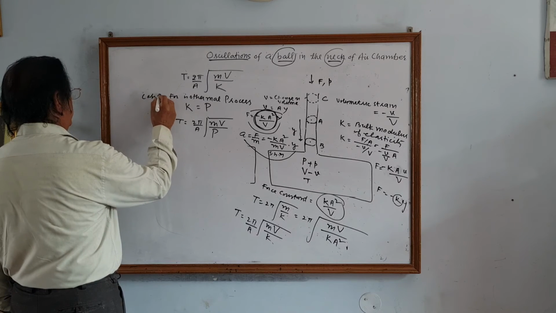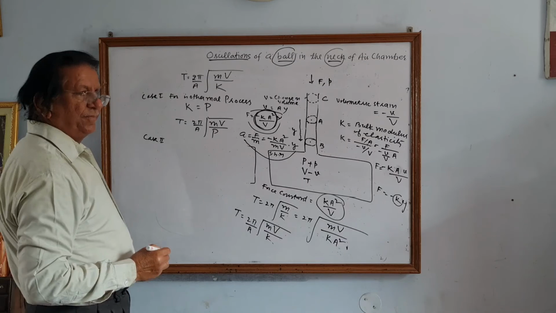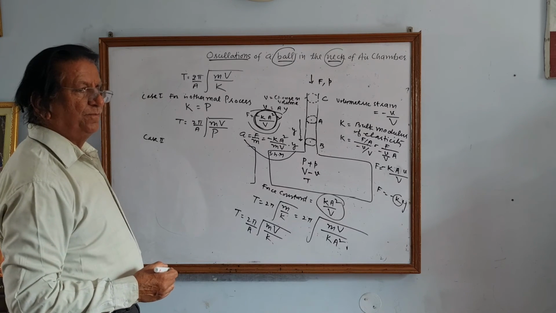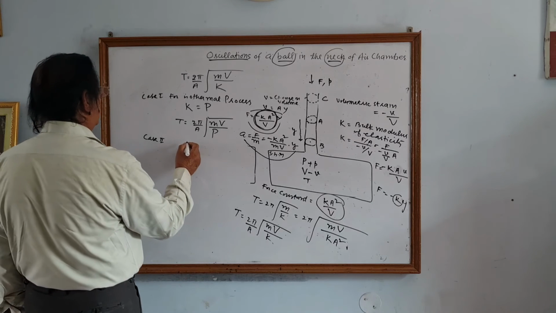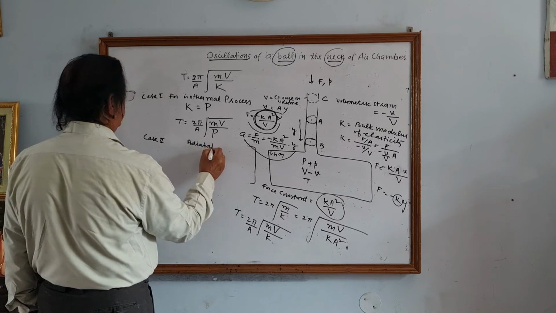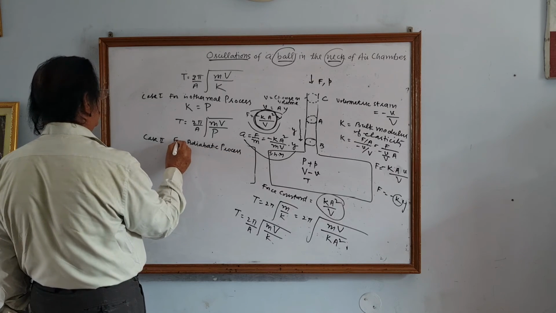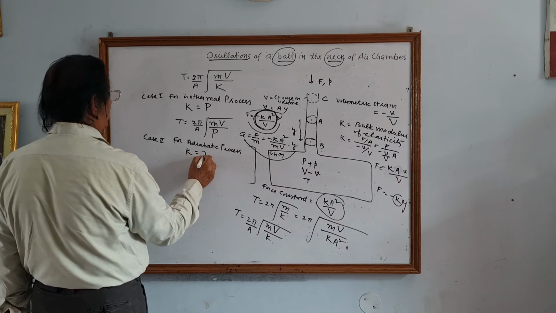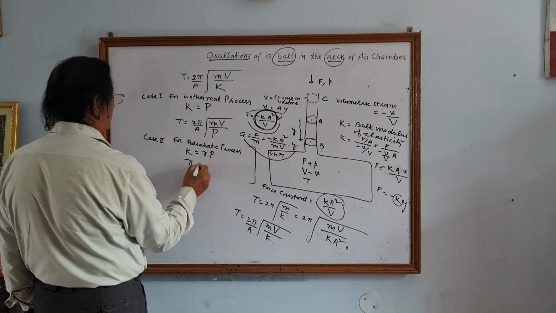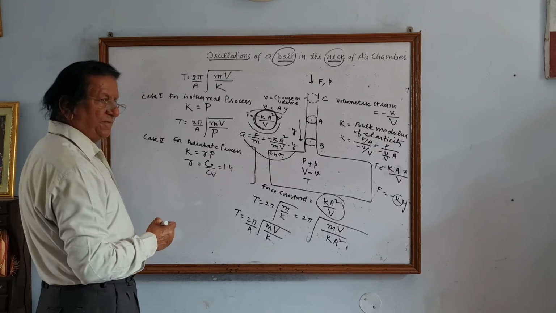And if you take this as an adiabatic process, meaning the ball is depressed quickly, then for the adiabatic process, the bulk modulus is gamma times pressure. You know gamma is the ratio of Cp by Cv, and for air its value is 1.4.